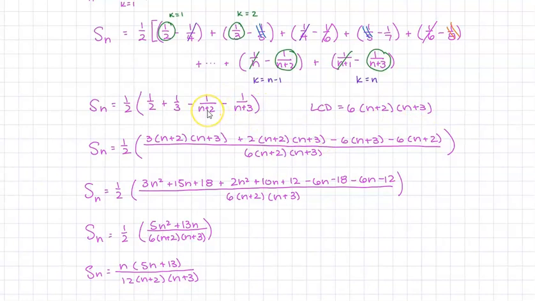The next fraction had an n plus 2, so you needed 6, n plus 3. Whoops, right there. And the last fraction had an n plus 3, so you needed 6, n plus 2. And then I distributed everything and combined like terms. I just factored out the n and put it all together in a nice factored form. Nothing cancels, so there's your formula.